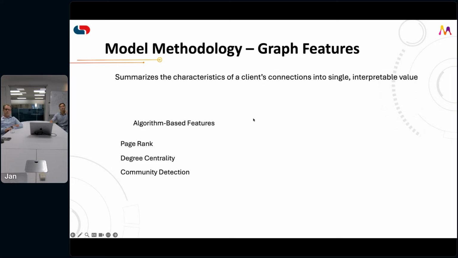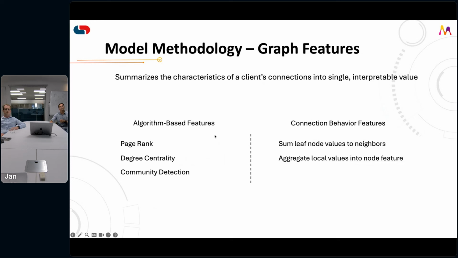Now, by looking at that, we firstly looked at algorithm-based features, which Memgraph provides, which is firstly your PageRank algorithm, degree centrality, any community detection, that kind of algorithm. It's quite fun playing around with all the algorithms and algorithms that keep getting added. So that was quite fun.